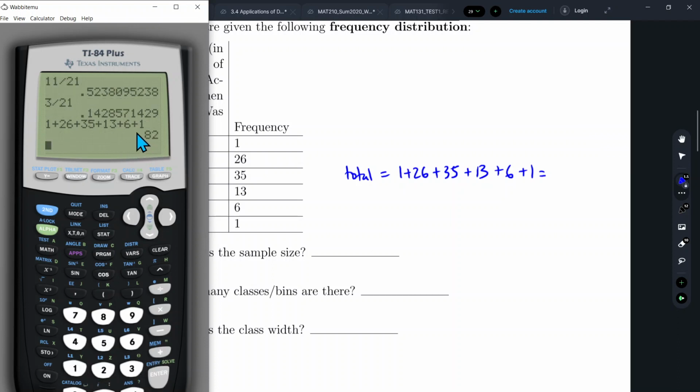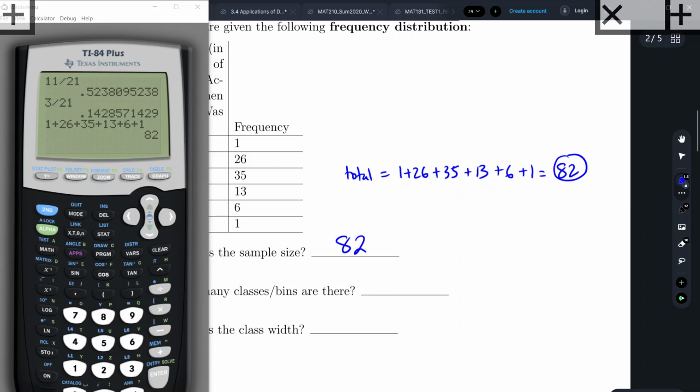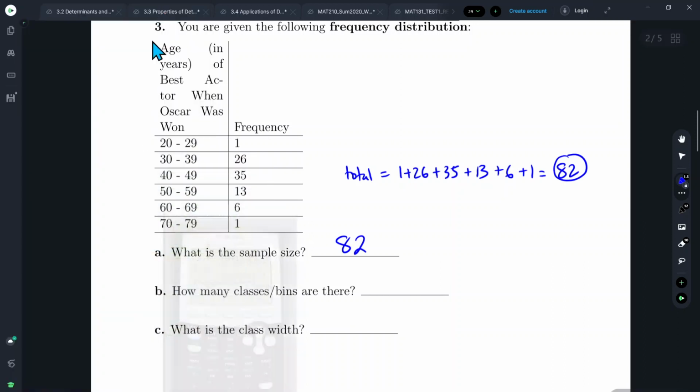And so in this case, there are 82 data points. So the sample size should be 82. How many classes or bins are there? That's just how many rows are on the table, right? So 1, 2, 3, 4, 5, 6. So there's 6 different classes.